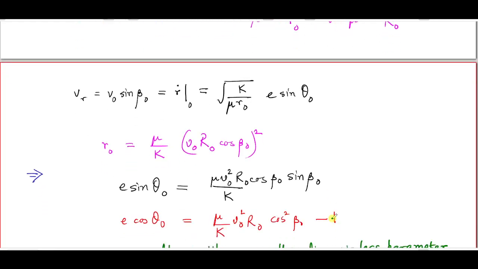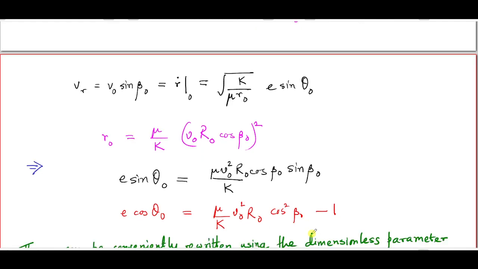Finally, e cosine theta 0, small r0 by capital R0 minus 1, simply works out with this expression: mu over k v0 square r0 cosine square beta 0 minus 1. Our small r0 square was simply mu over k v0 square capital R0 square cosine square beta 0. You have just divided that by r0.